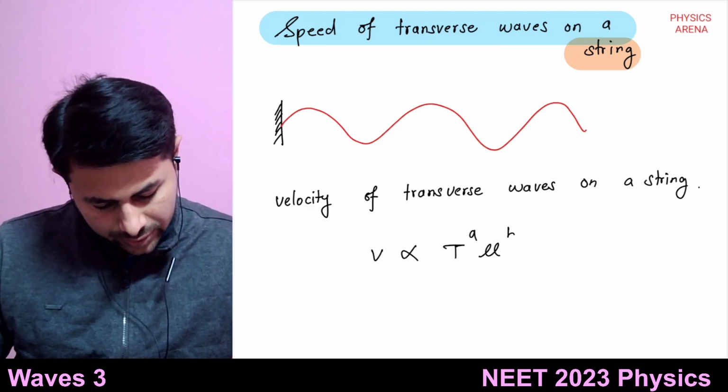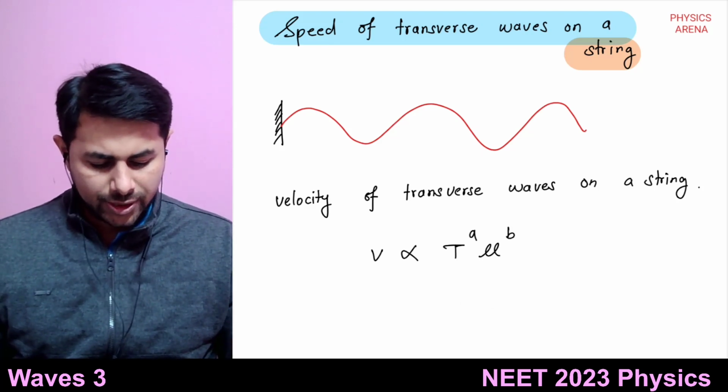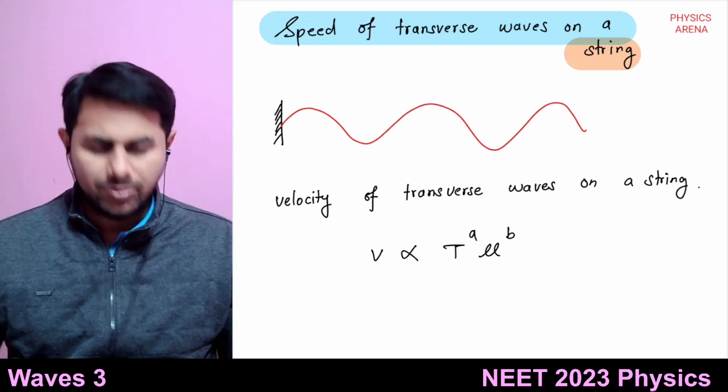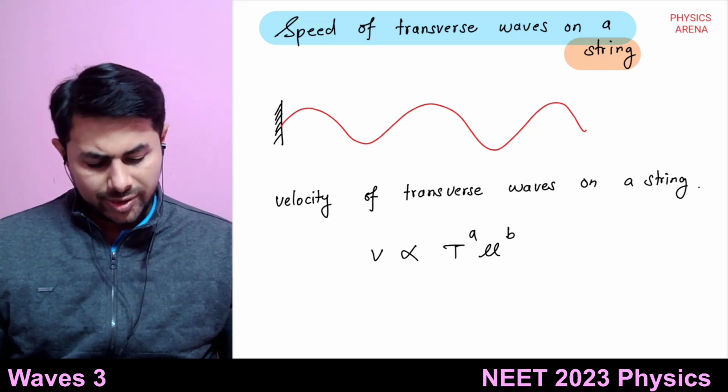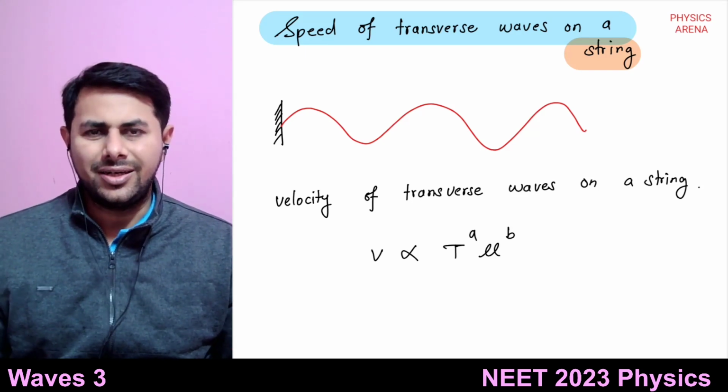Suppose velocity is proportional to T raised to a and mu raised to b. Now we can guess, right?